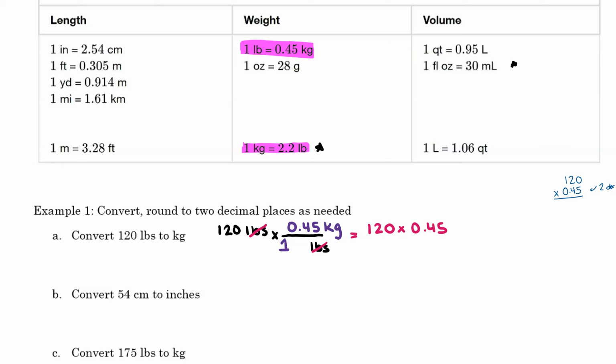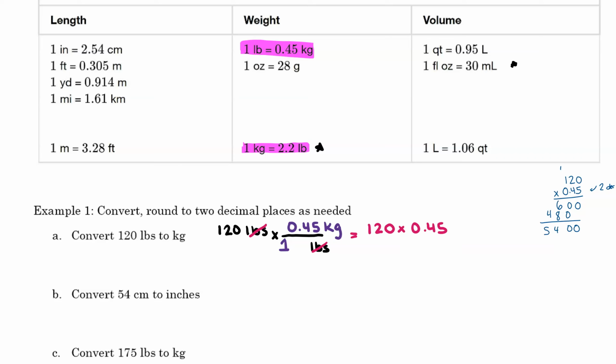But first, I'm going to do the multiplication. So 5 times 0 is 0. 5 times 2 is 10, carry the 1. 5 times 1 is 5, plus 1 is 6. Now I'll multiply by 4. So 4 times 0 is 0, 4 times 2 is 8, and 4 times 1 is 4. And I'll add down. So I have 5400.